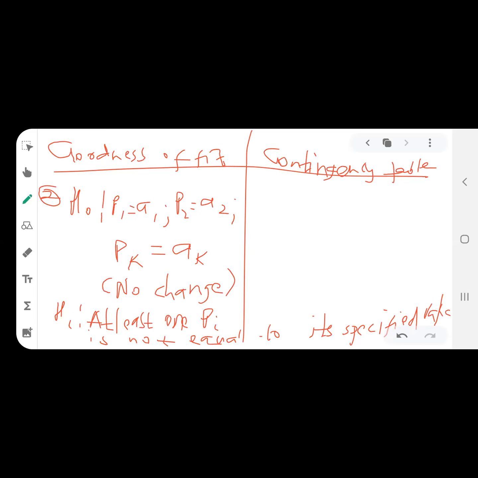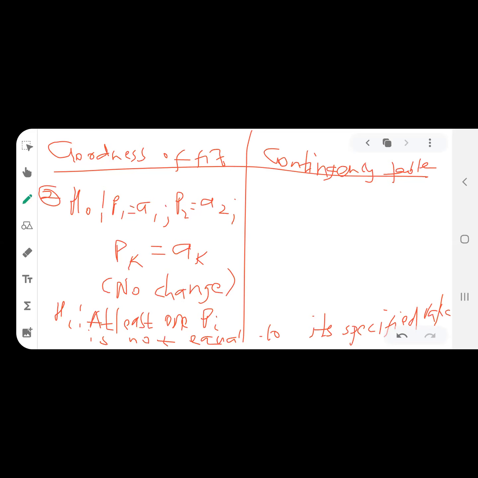Yeah, working online is really challenging because now I don't have enough space here. And I wanted to write in brackets what it implies. So what is the opposite of no change? Change. Remember, if the null says there is no change, the alternative will say there is change. Good.